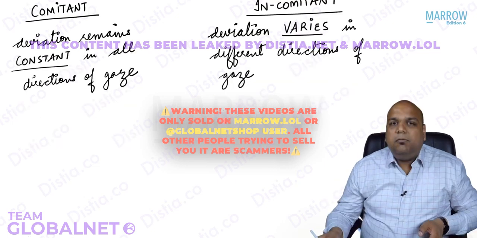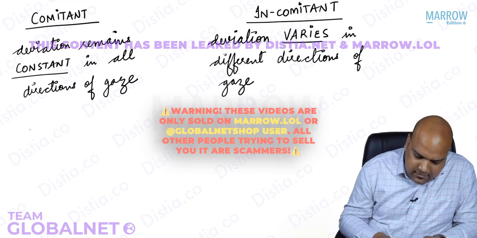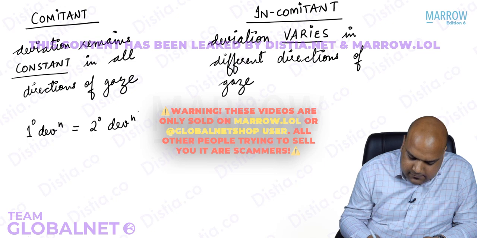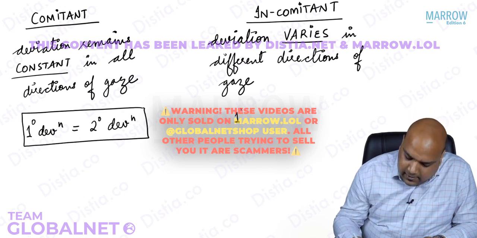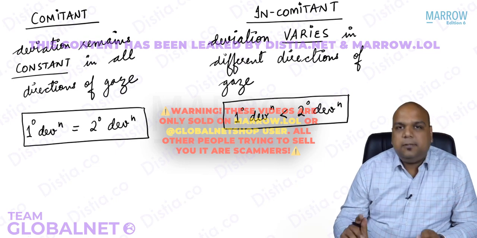Okay, everybody? To write it as a sign, we say primary deviation is equal to secondary deviation for comitant squint, and primary deviation is less than secondary deviation for incomitant squint.